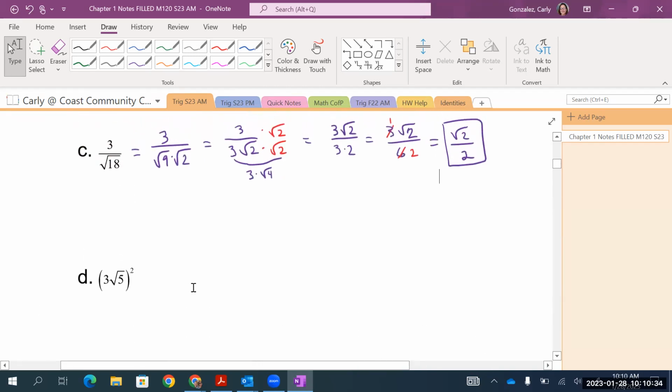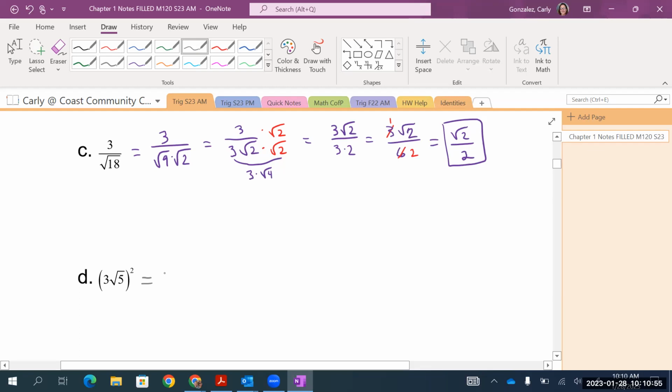Okay, last but not least here for the radicals for now, we have 3 rad 5, that entire quantity squared. Now, I will show this 2 different ways just so you can see. One option is to just think, okay, what does that mean to square something?